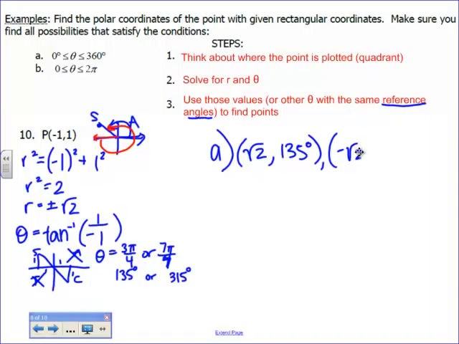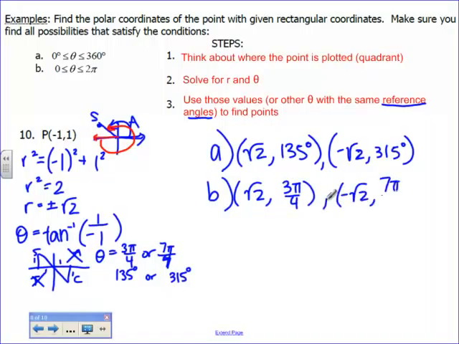So negative square root of 2 is going to go with 315 degrees to match up. For part B, put those degree measures into their appropriate radians. Square root of 2, 3 pi over 4, or negative square root of 2, 7 pi over 4.